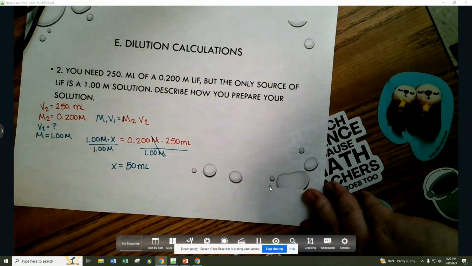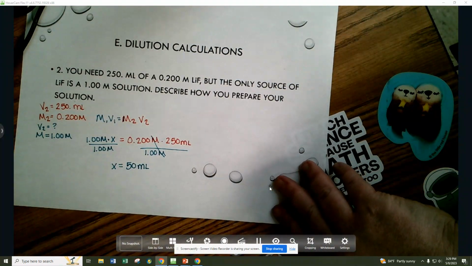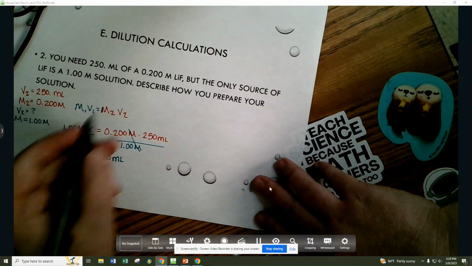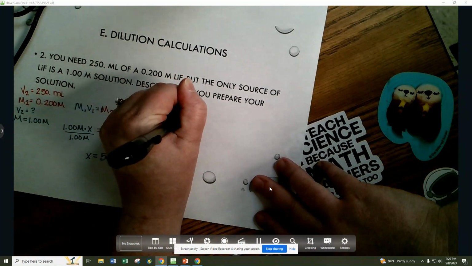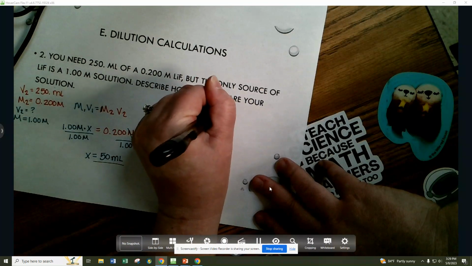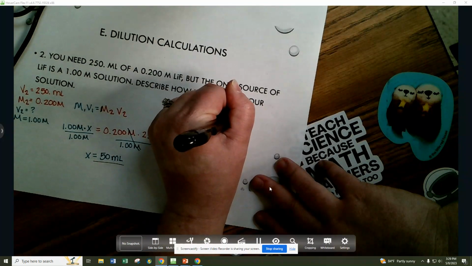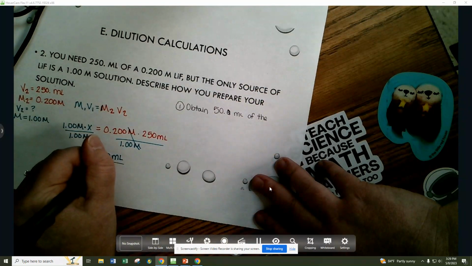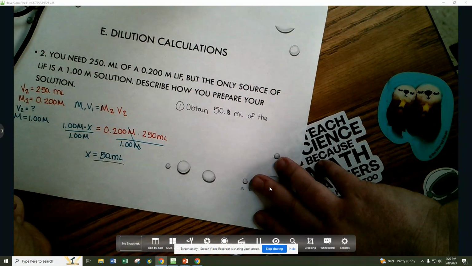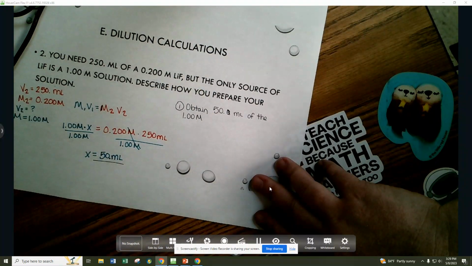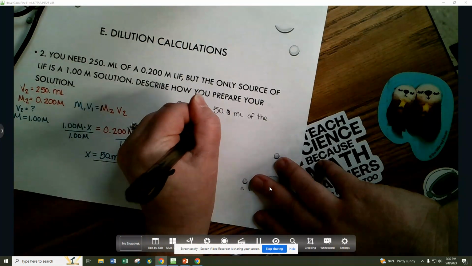So what it's asking us is, how would you actually make this? The steps you would go through: you would obtain 50. milliliters, and I'm going to add a decimal here to give it 2 sig figs, of the concentrated, the original stock solution. So we're going to get 50. milliliters of the 1 molar lithium fluoride.